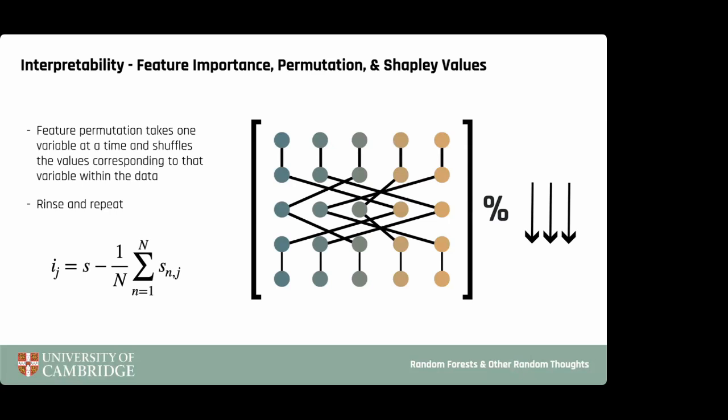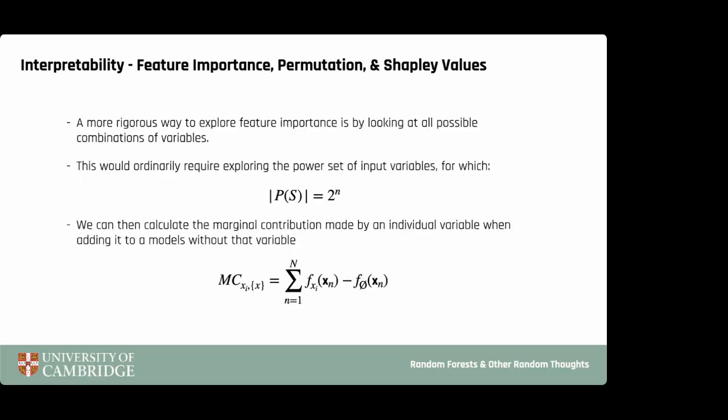If we had wind speeds from two different pressure levels, and we deleted one of them, and the model's predictions were still great, it's because we've still got a lot of the same information represented in the other wind speed at the higher or lower pressure level. Okay, so that's a limitation of your bog standard feature permutation. What you could do is start to remove combinations of variables. That's effective. Or you could start to look at Shapley values.